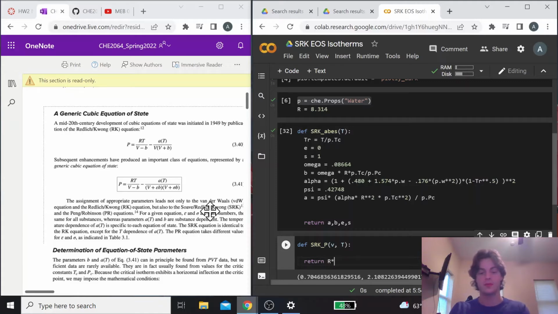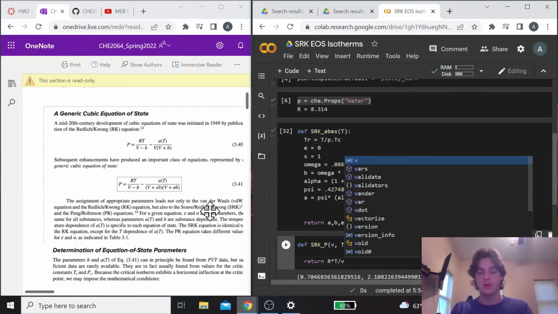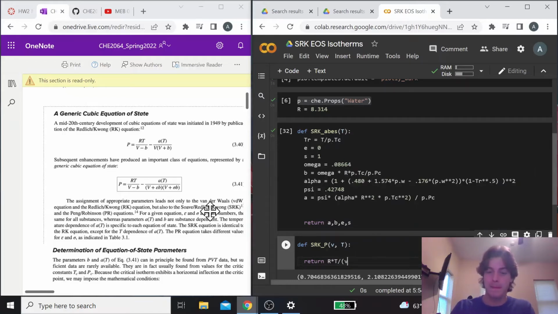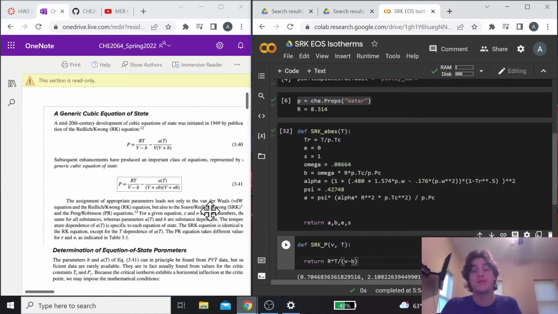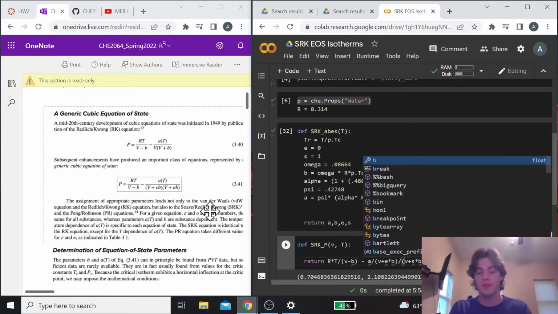So R times T divided by the specific volume minus the excluded volume. And then we will subtract from that A divided by V plus epsilon B, also divided by V plus sigma times B. Right?